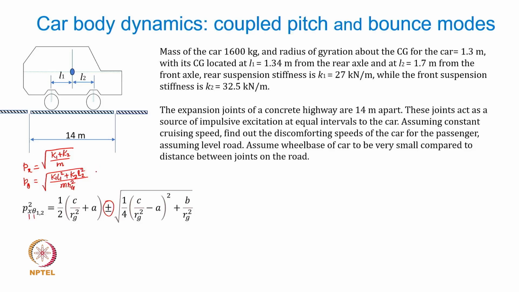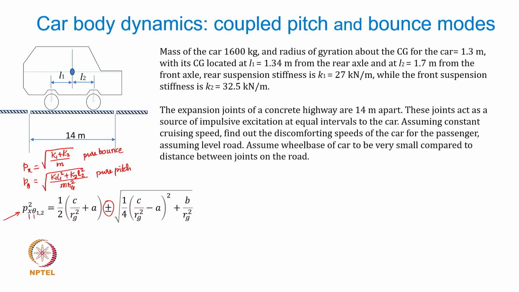So this is the pure pitch mode natural frequency, and this is the pure bounce mode natural frequency. How do I find whether the system has coupled pitch bounce mode or pure bounce, pure pitch? Of course, this is a more generic expression, so without knowing that, if you appropriately substitute the values, you will get the 2 natural frequencies anyway.